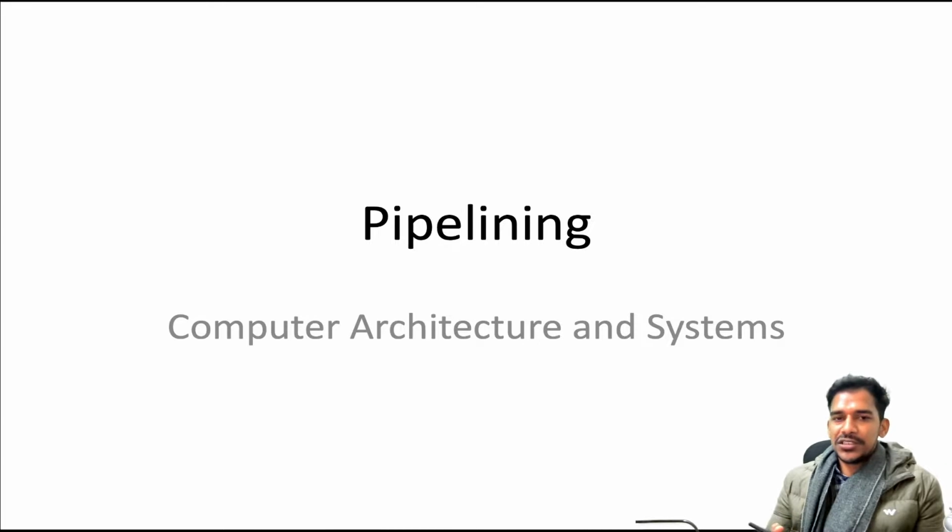So we will see what is structural hazard and what are the solutions to these hazards. We will see what is data hazard and what is read after write, write after write, and write after read hazards, and what are the data dependencies like anti-dependency, output dependency, and true dependency. And we will see how we can overcome these problems.